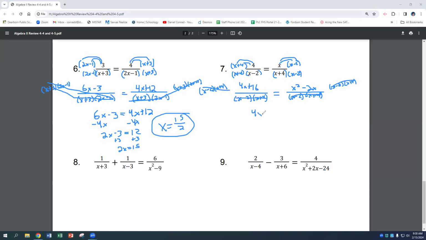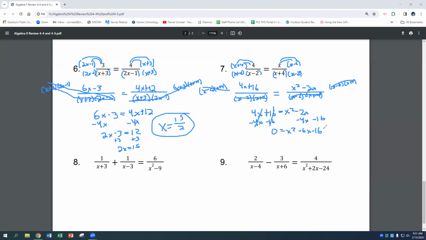And I'm left with 4x plus 16 equals x squared minus 2x. I'm going to subtract 4x from both sides. I'm also going to subtract 16 from both sides. So I get 0 equals x squared minus 6x minus 16.